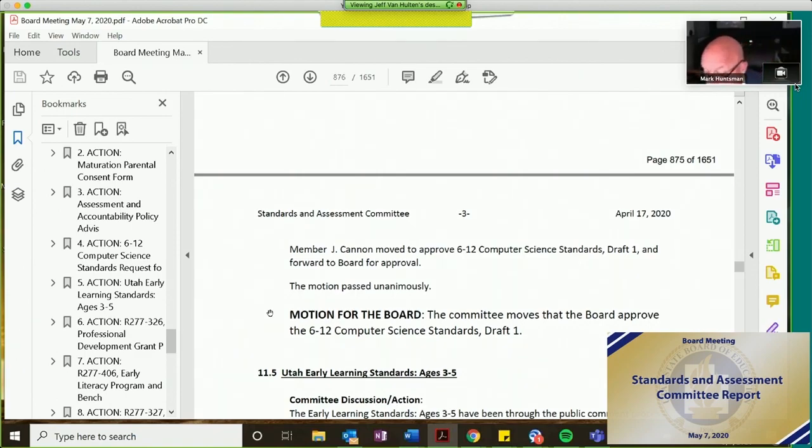Discussion to the motion? There's none. Okay, we're going to vote. Board Member Bolter, Yes. Member Cannon, Aye. Vice Chair Cummins, Yes.